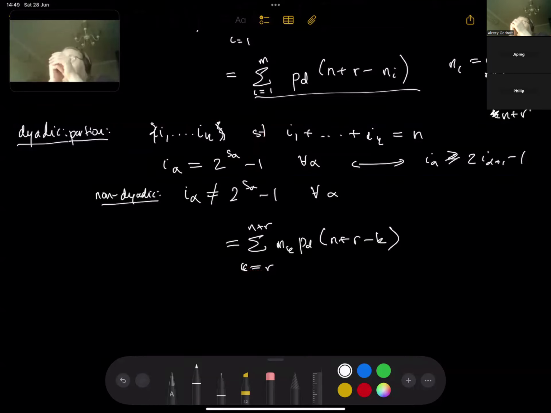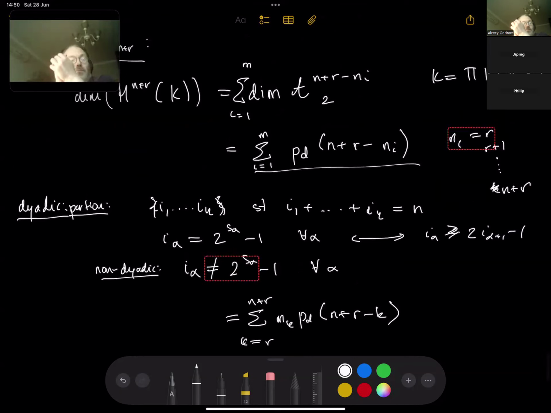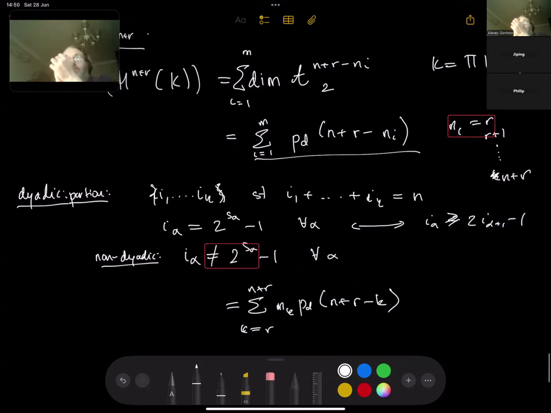I'm looking at when n_i is equal to k, and it's equal to k precisely m_k times, by the definition of m_k.